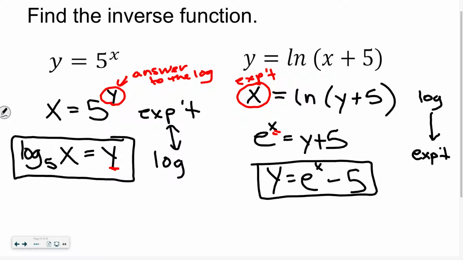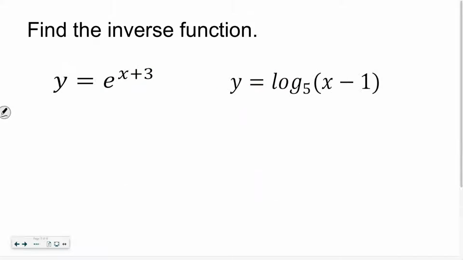Okay, let's do 2 more and then you'll have some time to work. We'll do y equals e to the x plus 3. Start by switching x and y.